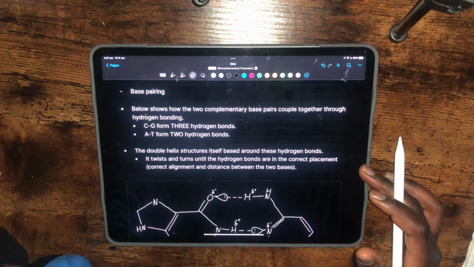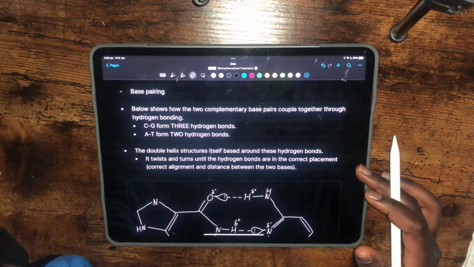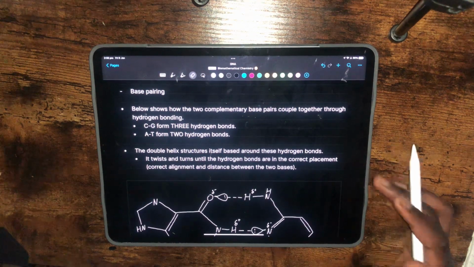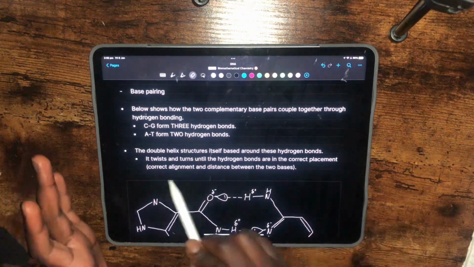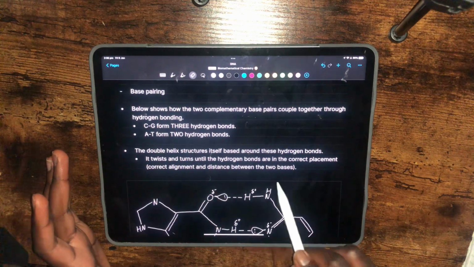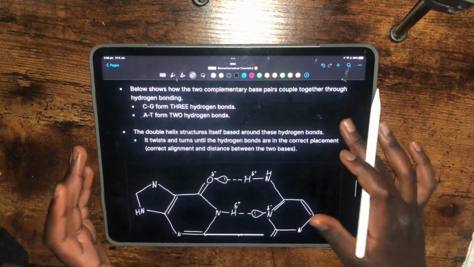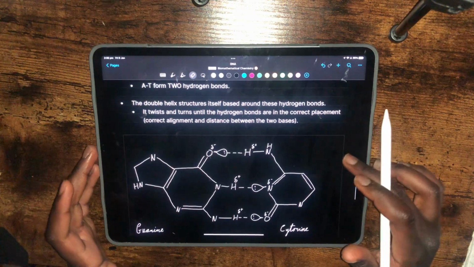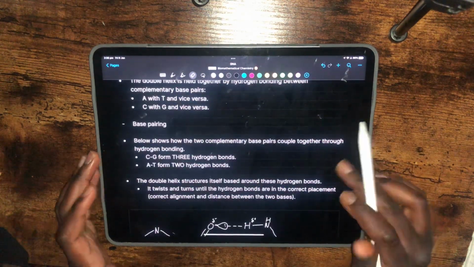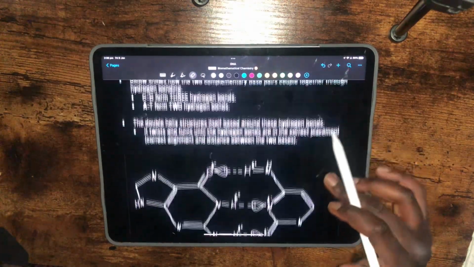The double helix structure itself structures itself based around these hydrogen bonds. So it twists and turns until the hydrogen bonds are in the correct placement, until it has the correct alignment and distance between the two bases. That's all it's saying there. It's pretty much all this twisting, turning.